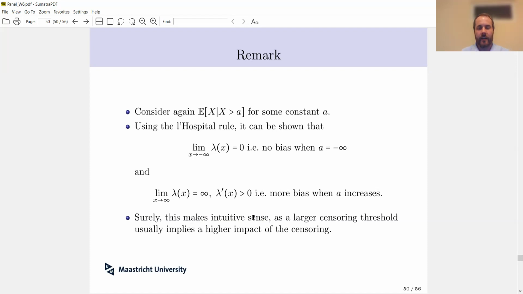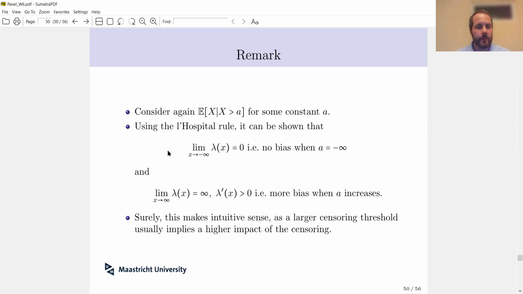If instead of 0, you now have 1 million as the censoring threshold, you of course have a higher impact of the censoring itself. So if you focus on the data that is larger than 1 million instead of the data that is larger than 0, it's intuitively clear that this should induce a larger bias, because the data that you use is more selected in that sense. I hope this makes sense to you.